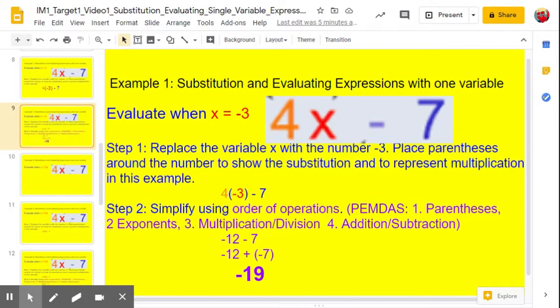So it's -12 plus (-7). I put parentheses around this so that you don't get confused between the -7 and the addition operation sign here, right? So this was originally -12 minus a +7 becomes -12 plus -7. And when we add those up, we get -19.